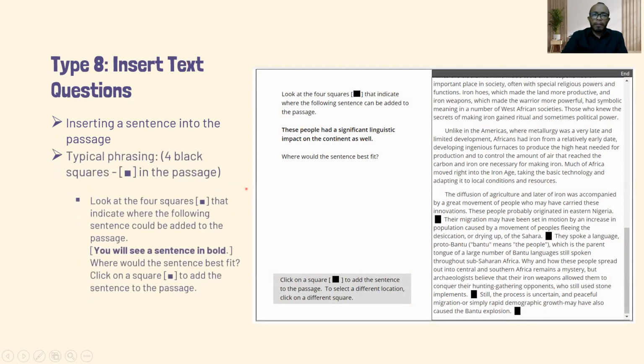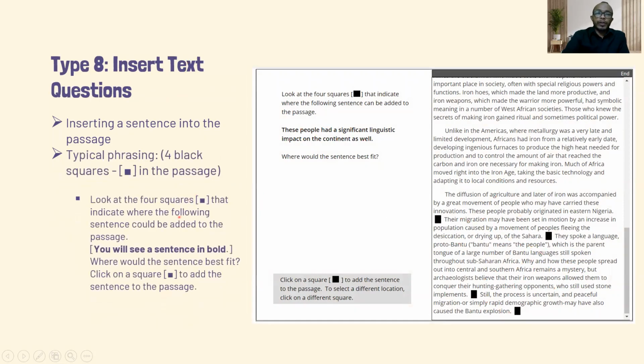So the wording for this type of question is usually using this type of phrasing. So look at the 4 squares in the passage, black squares, and then you will see a sentence in bold, like the example here, and then you will be asked where would the sentence best fit.